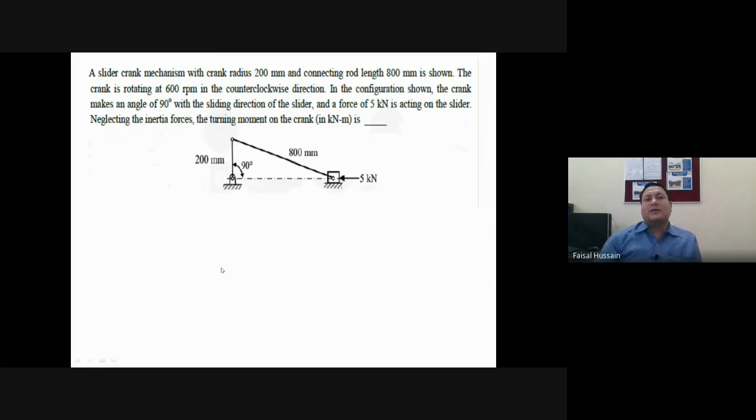The next problem is a slider crank mechanism with radius, what? R, 200 mm. Crank radius is 200 mm. Now let us go to this question. Theta is given, 90 degree.